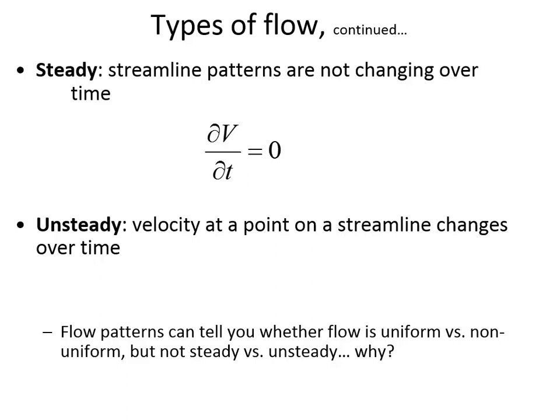It's caused by local acceleration. Or maybe it's not that it's caused by the acceleration, but we can define the acceleration in terms of the change in velocity with respect to time. That's local acceleration.